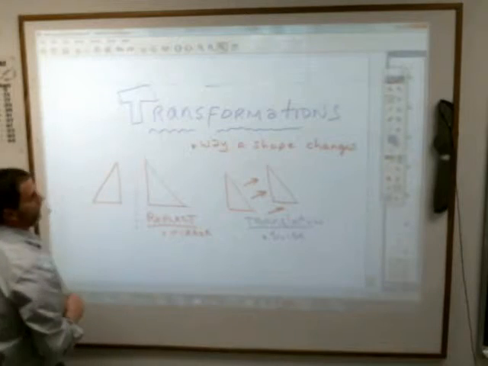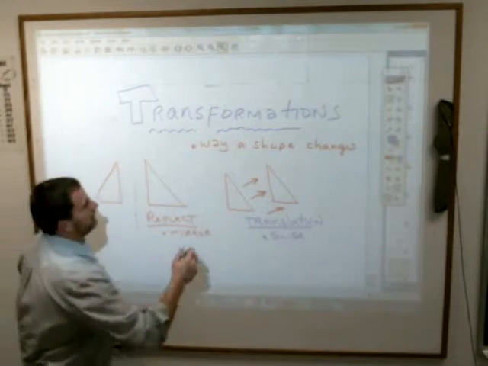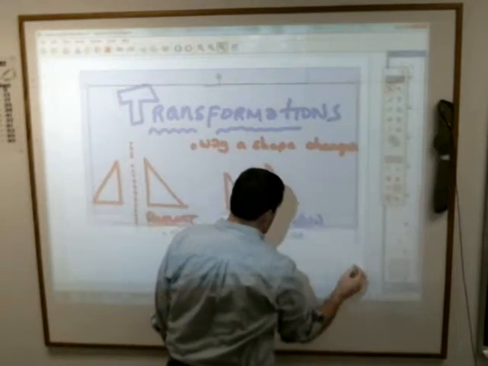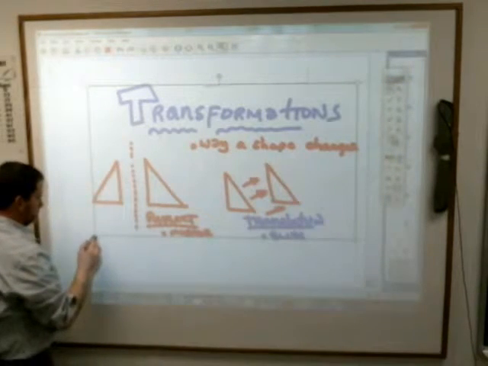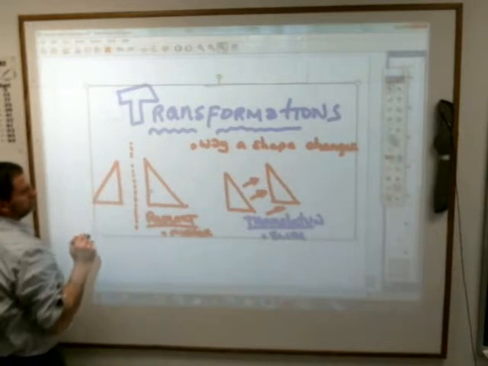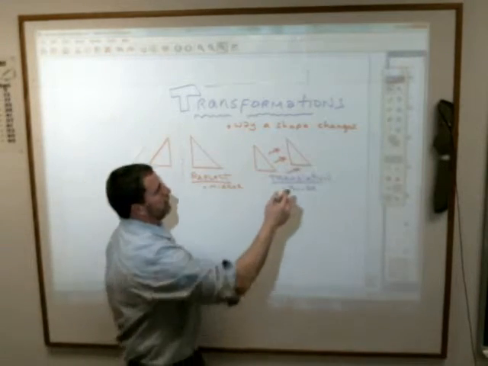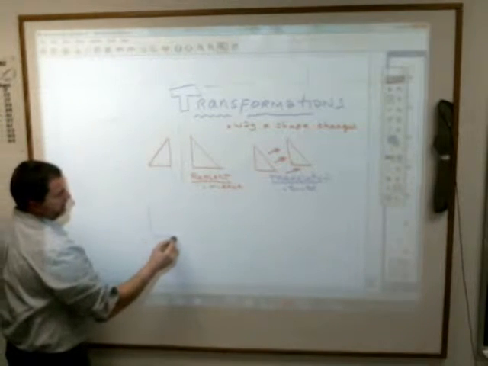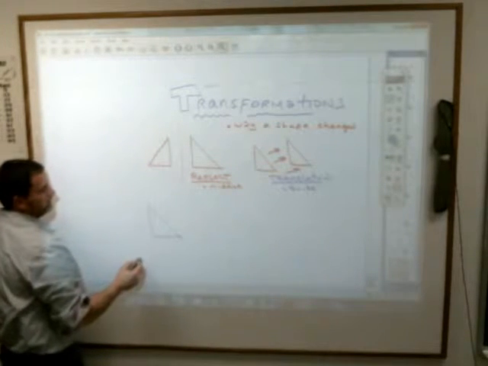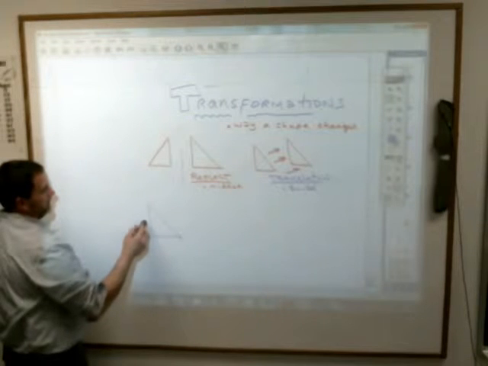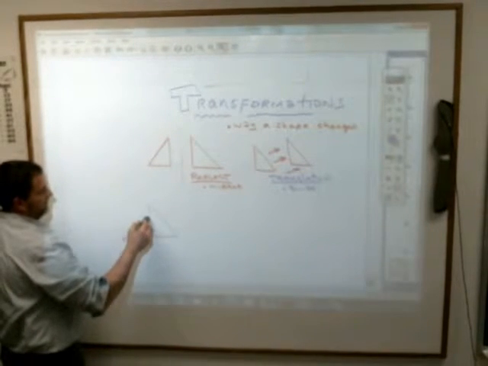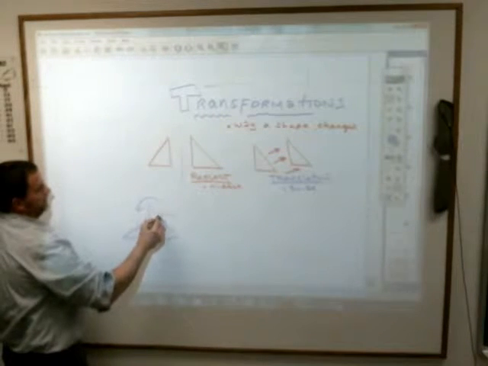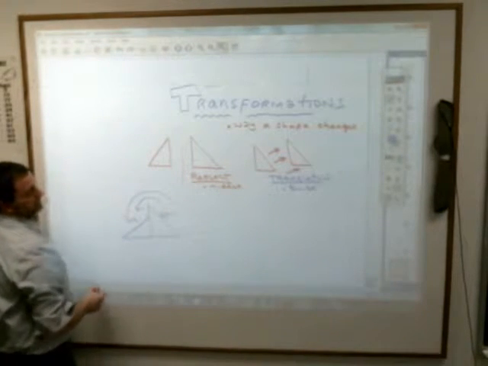If you have a shape, let's say it's still that same triangle there, and it gets turned, so where it looks like this, I'll give you little guiding arrows here.